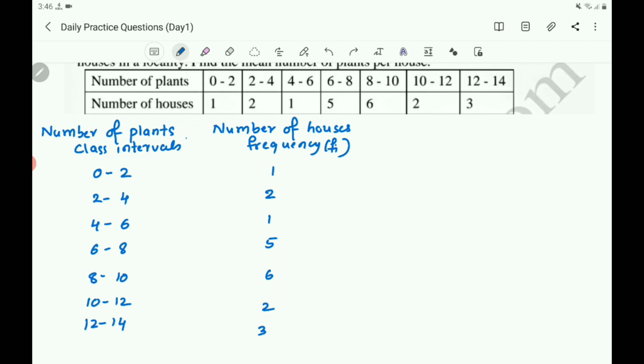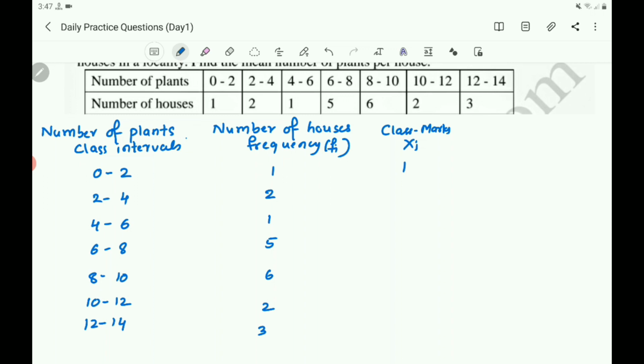Now here we have to find the class marks xi. Class mark xi. You know the method of finding the class marks. Add the lower limit and upper limit and divide that sum by 2. 0 plus 2 is 2. 2 by 2 is 1.